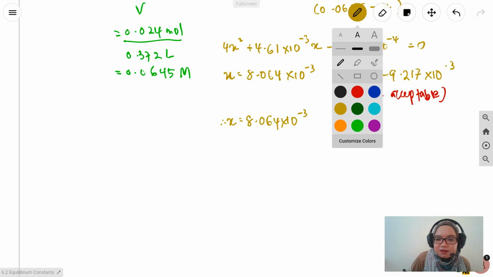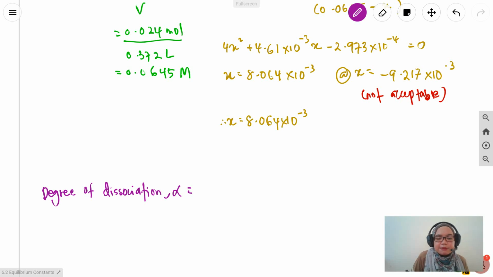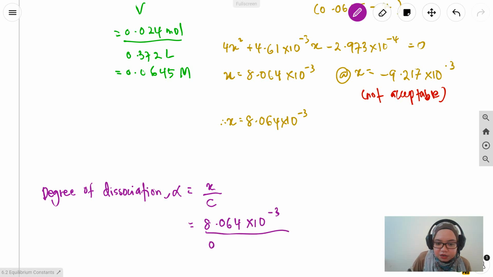So we know that the degree of dissociation alpha is equal to the amount of dissociated x over the initial concentration C. So the amount of dissociated x is 8.064 times 10 negative 3, and the initial concentration is 0.0645.